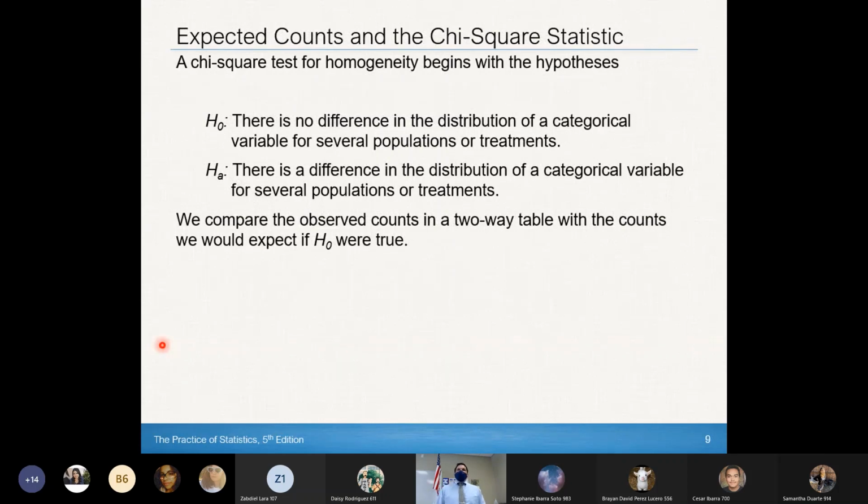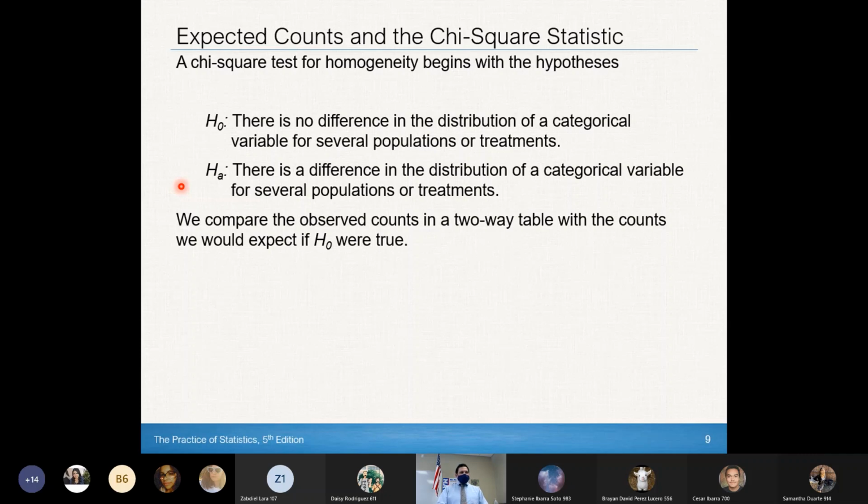All right, so we need to be able to get our expected counts in order to do a chi-square statistic. Chi-square test for homogeneity begins with the hypotheses. The null hypothesis: there is no difference in the distribution of a categorical variable for several populations or treatments. And the alternative is that there is a difference in the distribution of a categorical variable for several populations or treatments.